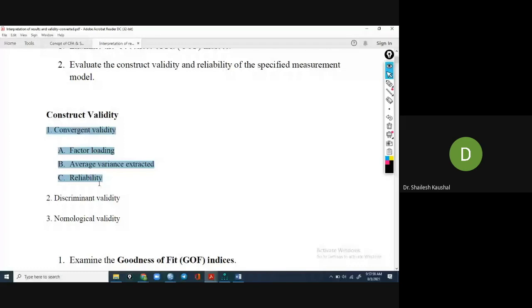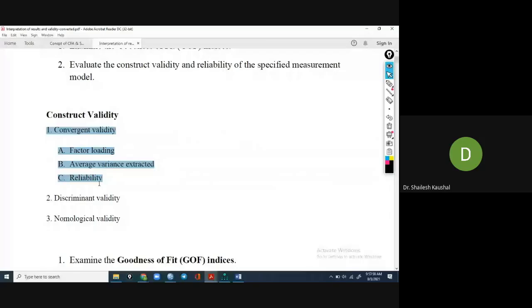Same as a weighing machine. If I am measuring my weight on a weighing machine and it is giving 75 kg, and after 1 hour I measure my weight again and it gives 80 kg, and after 2 hours the weight is 65, then I will say this research instrument, this machine, is not reliable. It is not giving the same result repeatedly or consistently.